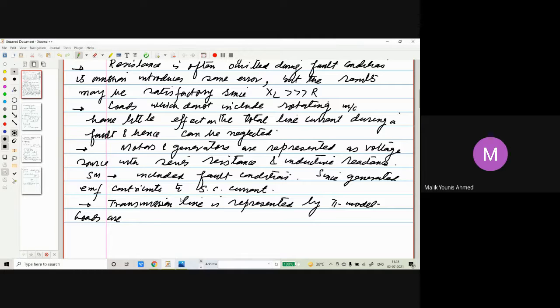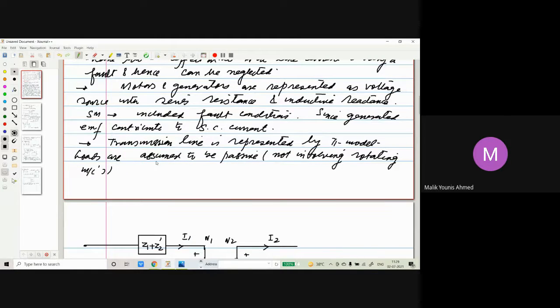Loads are assumed to be passive. What does that mean? That means those loads which do not include rotating machines or rotating machine parts. So transmission line, as usual, will be represented by the pi model. Loads will be assumed to be passive, not involving the rotating machine parts.